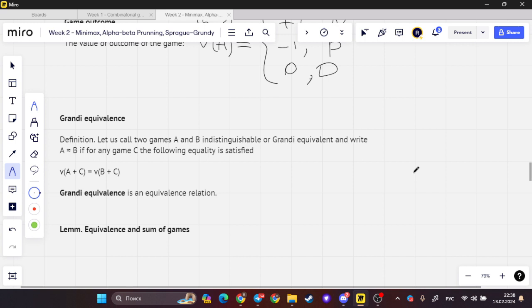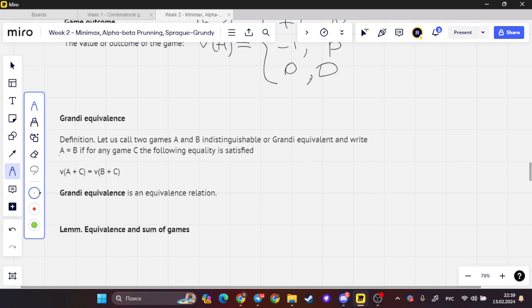If we take any game, say C, and consider this, and we get that this equality is satisfied, we get that game A is equivalent to game B. And notice that this is an equivalence relation because transitivity is not trivial: if game A is equivalent to game B and game B is equivalent to game C, then game A is equivalent to game C.